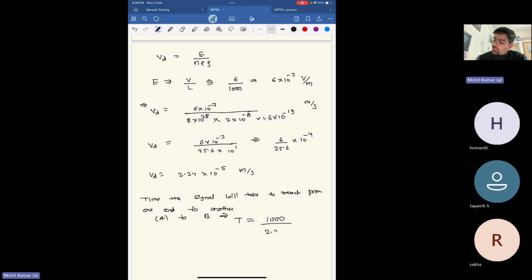Vd is 2.34 into 10 power minus 5. So 1000 divided by 2.34 will be 427.35 into 10 power 2, into 1 divided by 60 divided by 60.